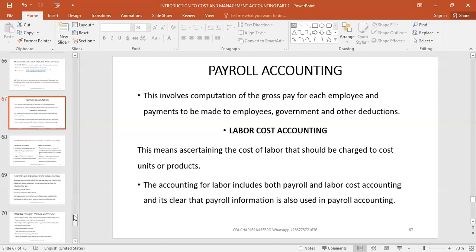But for labor costing accounting, the emphasis is on ascertaining the cost of labor. How much have we paid this person, how much can we trace to the product, and what can we not trace to the product?